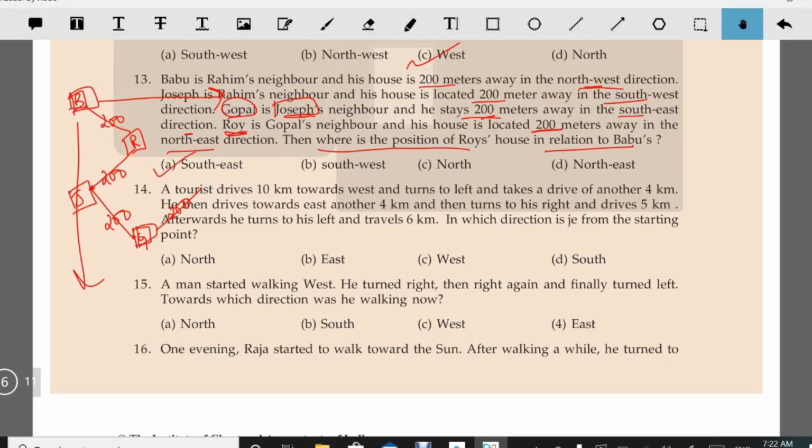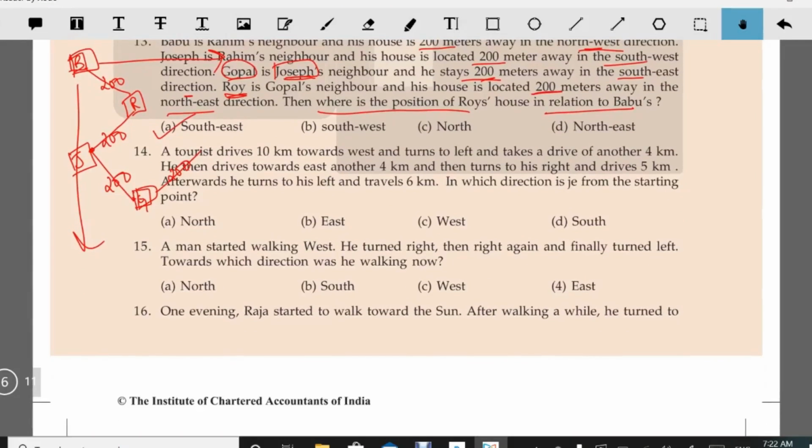I hope you are getting how to solve the questions. Let us proceed towards the next question, which is question number 14. A tourist drives 10 kilometers towards west and turns left and takes a drive of another 4 kilometers.